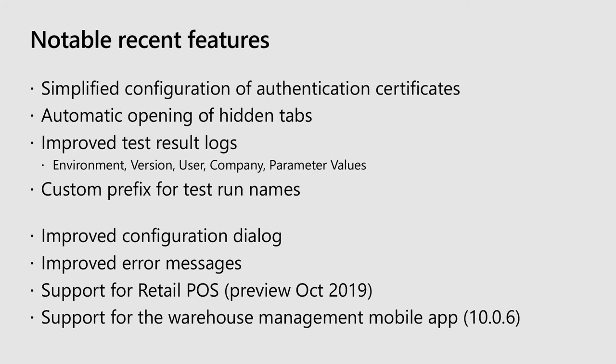Some recent features that are the most notable, I guess: RSAT uses an authentication method based on certificates that has been in finance and operations for a while, and it wasn't specifically created for this, so we're using it.